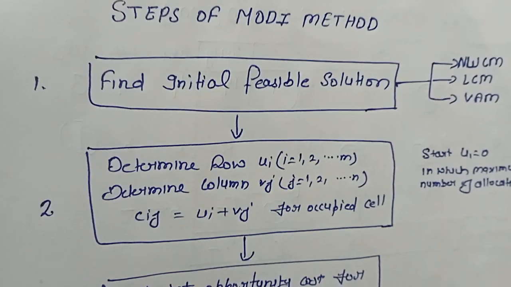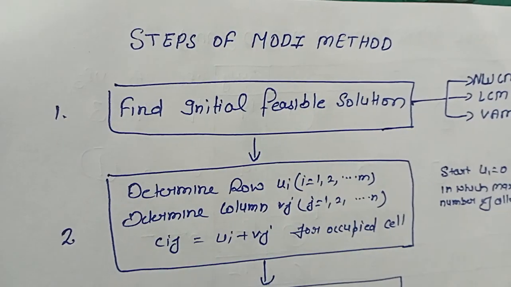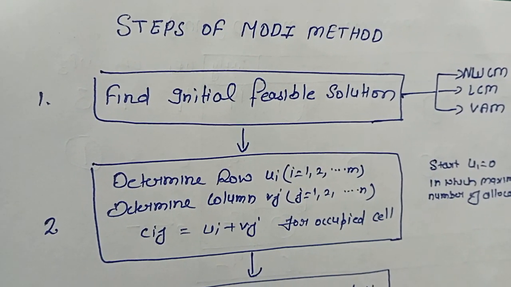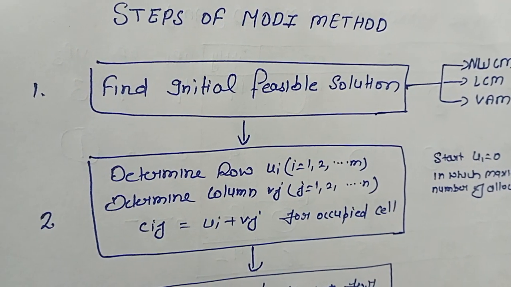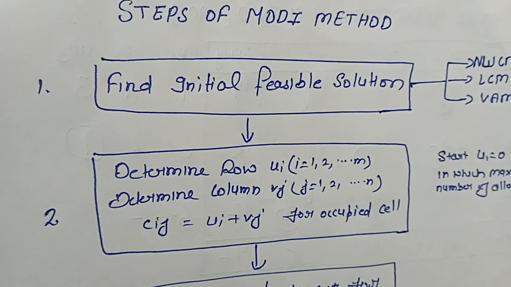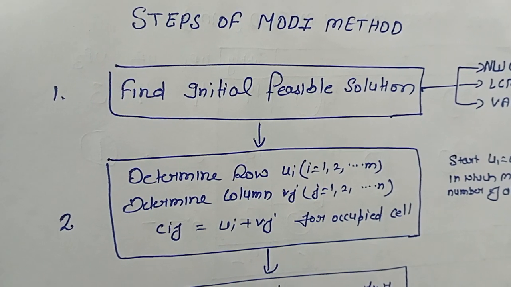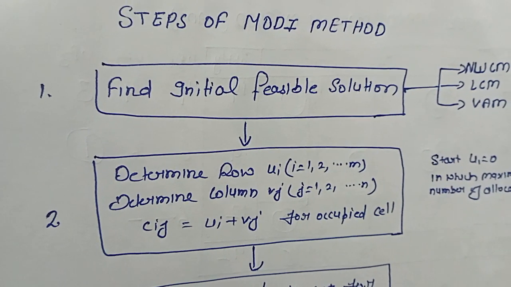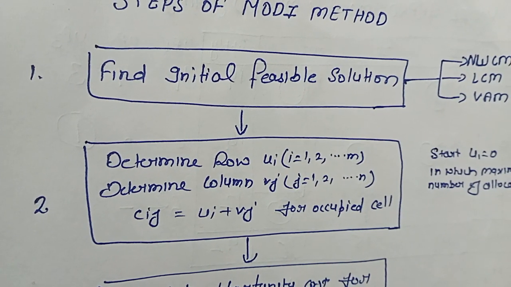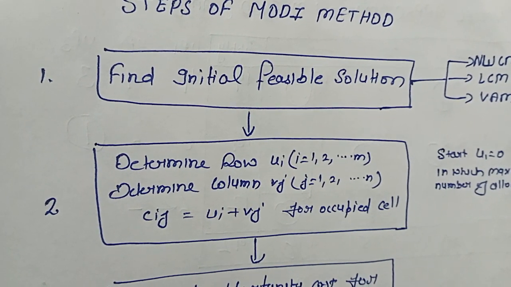After calculating the initial feasible solution, next we move to the second step. In this second step, we determine the row values ui, i equal to 1, 2, 3, and the column values Vj, j equal to 1, 2, 3, etc. By using the following formula, Cij equal to ui plus Vj for occupied cells.